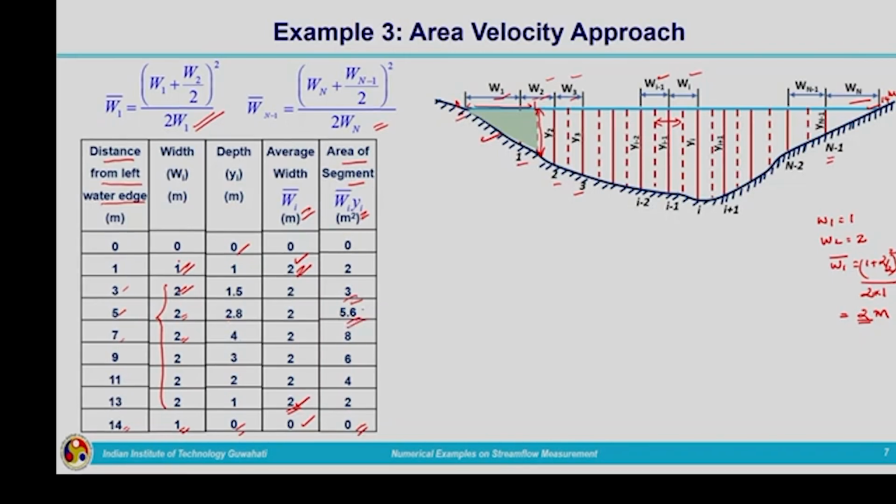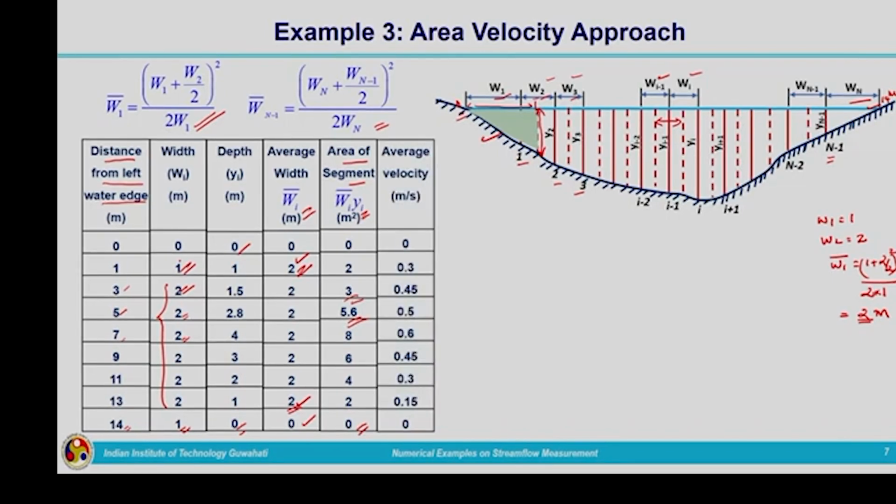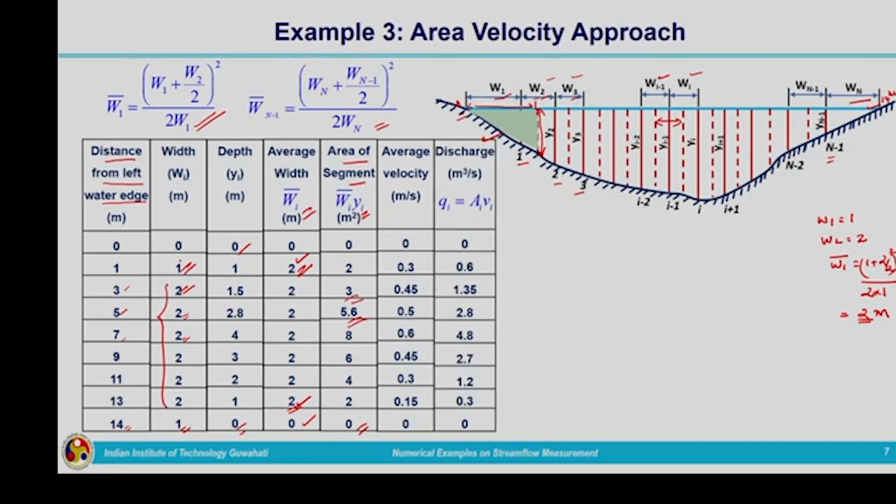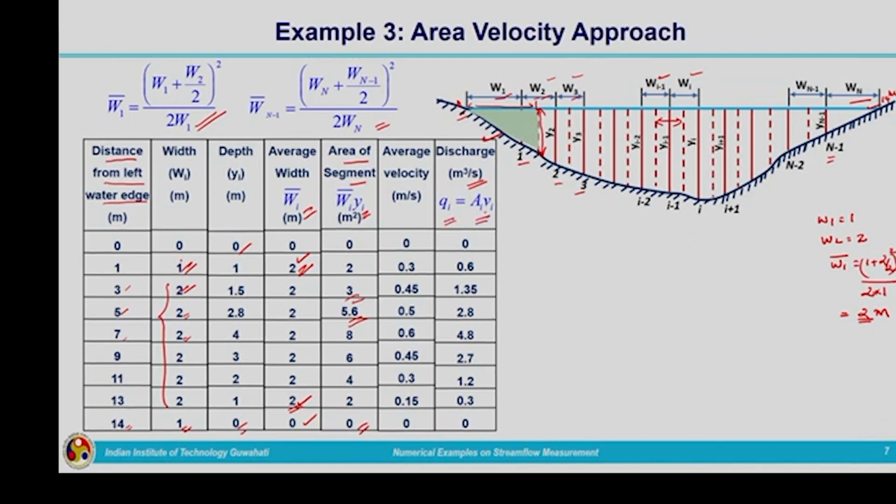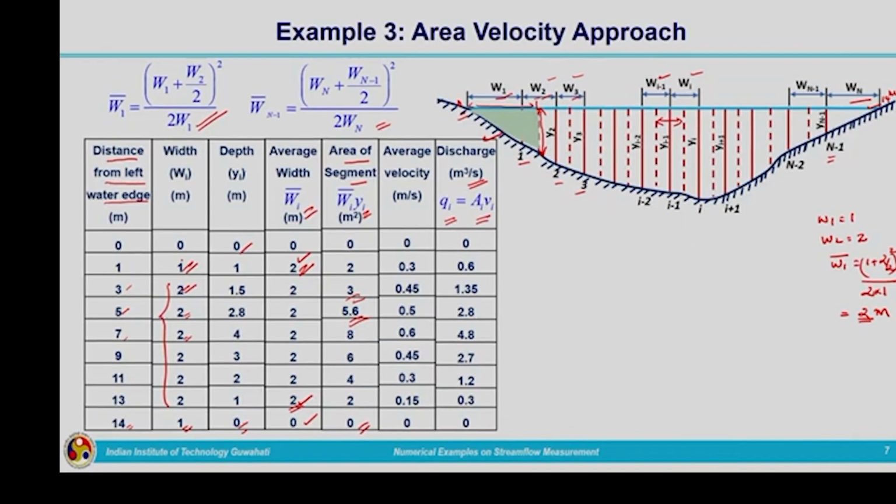That way area of each segment is calculated and velocity is already given to us in the question. So, we can calculate the discharge in meter cube per second, given by Q i is equal to A i V i. So, Q i is A i V i, corresponding to each small segment. That is computed and listed over here in this table.